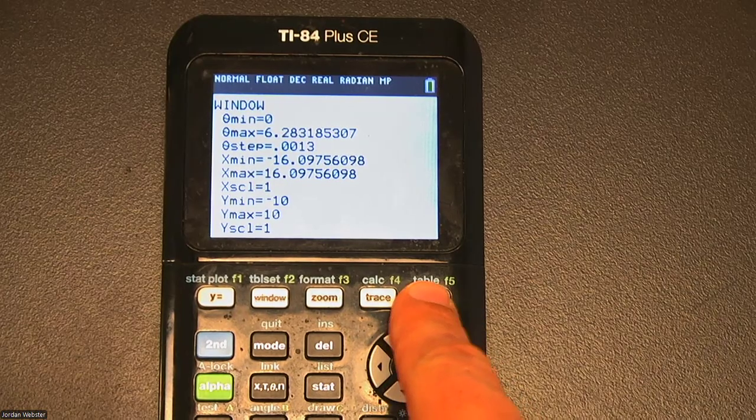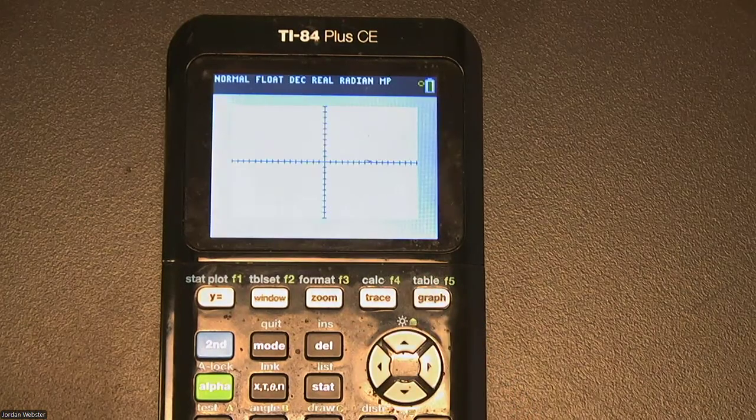And if I went down here to 0.0013, it's going to be very smooth, but it is going to take a long time to draw on my calculator because it's doing a lot of calculations. Okay. Everybody see that? So there you go. That's the whole thing.